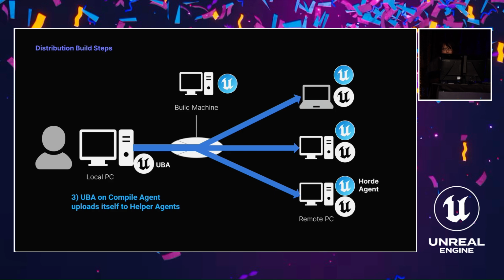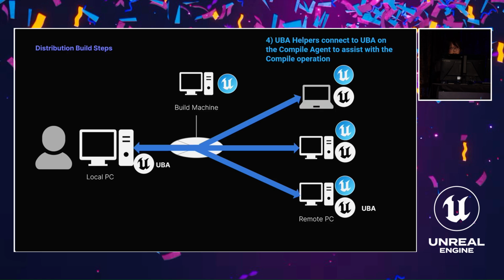Here, the compile agent UBA uploads itself to the helper agent. This allows the remote PC to recognize the build task and distributes the build task from the local PC to the remote PC. Finally, UBA helpers connect to the compile agent UBA and assist in compiling.